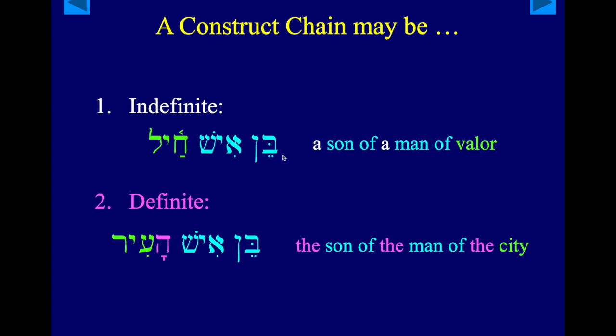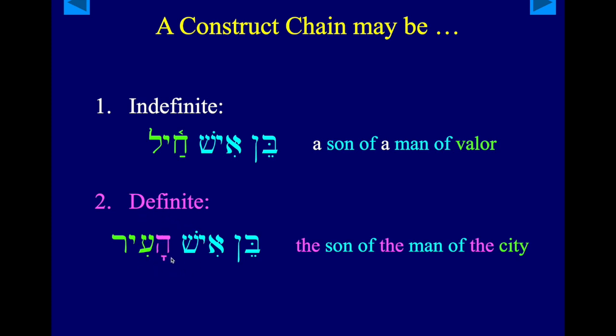You could make this definite, though. Now notice how we do this in Hebrew. We don't say ha-bein, ha-ish, ha-ir. So ir means city over here, right? Bein means son, ish means man, and ir means city.